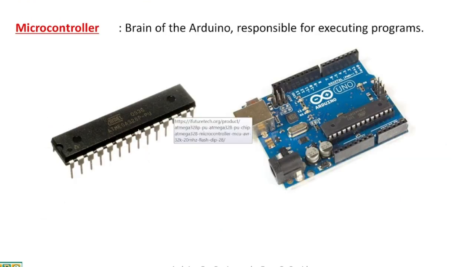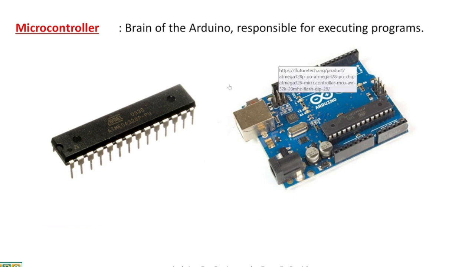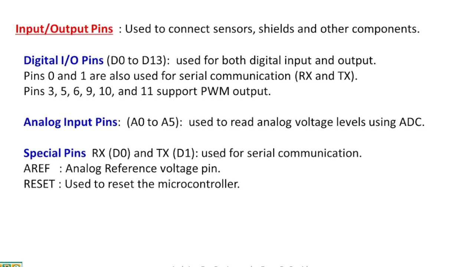Now, the microcontroller is the brain of the Arduino, and this is responsible for executing the program. And the input output pins, we have digital input output pins, and this is from number 0 to number 13. And these digital input output pins also have some other functions, not only for digital purposes, but for serial communication and for PWM output.